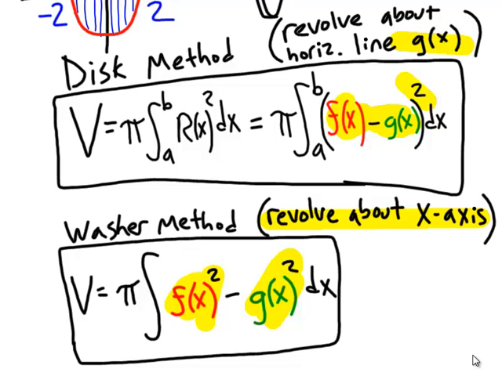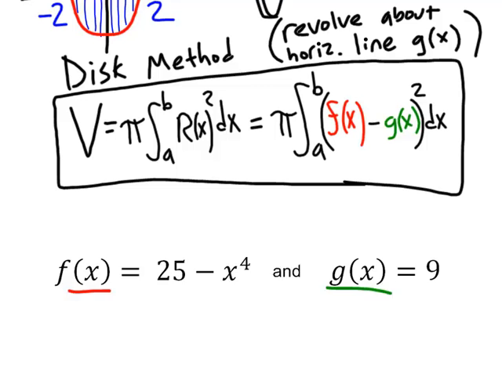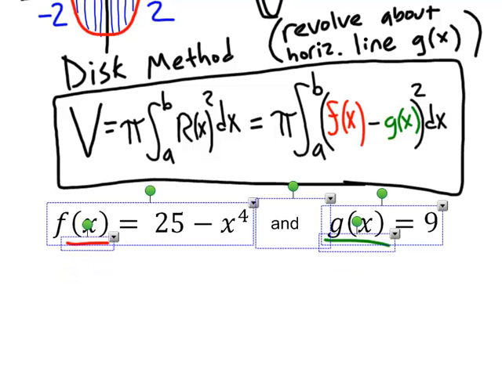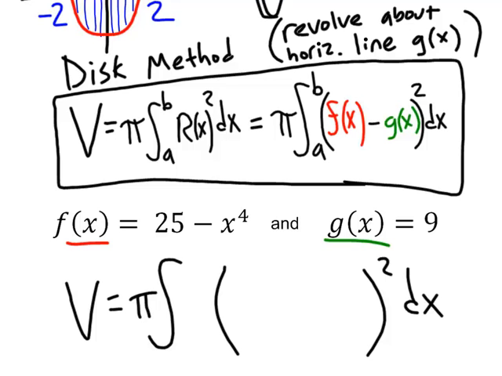All right, let's take some of this off the screen and use this disk method on our exercise. I'll remind you, here are the f of x and g of x equations, and our formula becomes volume equals the integral, pi out in front, f of x, or 25 minus x to the fourth, minus g of x, which is just 9.